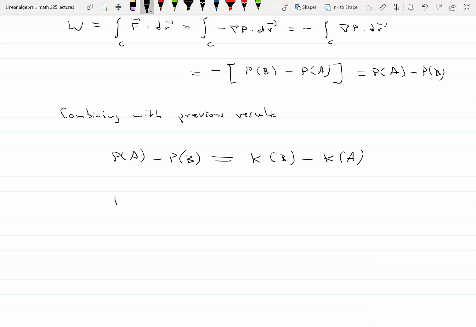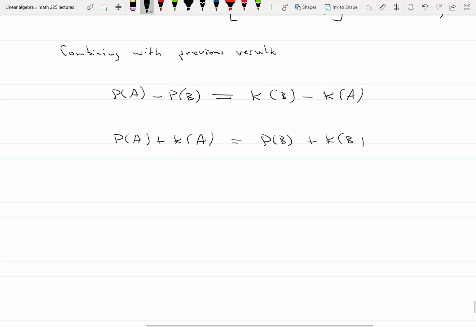So this is saying that the potential energy at A plus the kinetic energy at A equals the potential energy at B plus the kinetic energy at B. There's no change in the sum of the energies. The sum of the potential and kinetic energies at A equals the potential and kinetic energies at B. There's no gain or loss of energy.